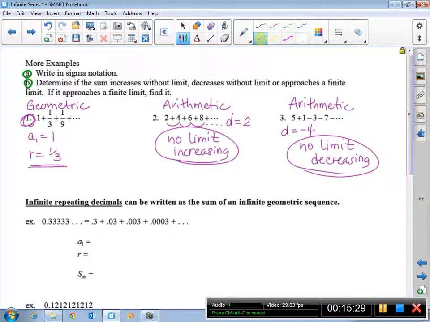So we can find the sum of this infinite series using our formula, a sub 1 over 1 minus r, and we have 1 over 1 minus 1/3, just using these two values here. So that's 1 divided by 2/3, which is 3/2.